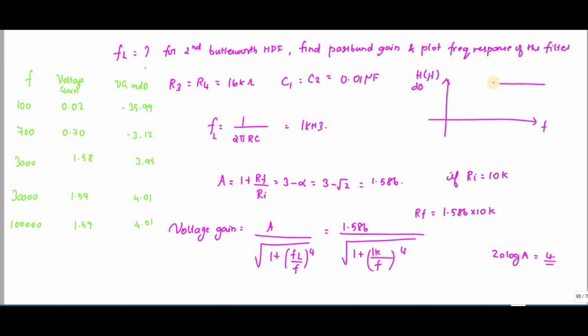So the maximum value it reaches is 20 log of A. So you can see whenever the frequency is increasing, the gain started to increase. This is how it is, and so it is 4 dB.